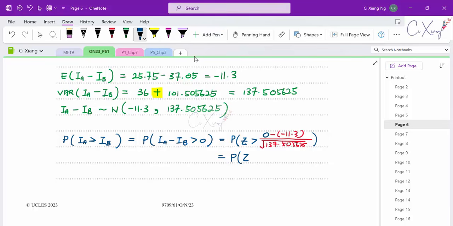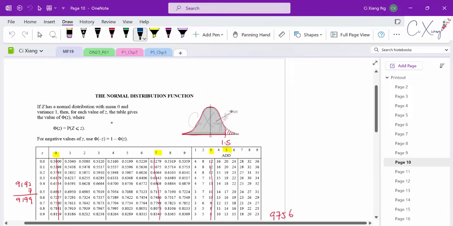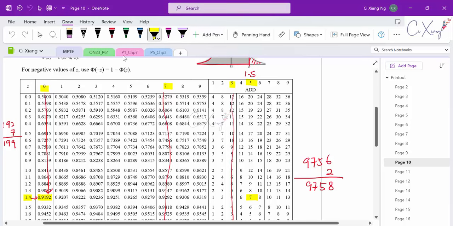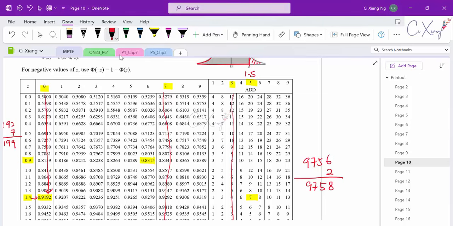Then after you press the calculator, get the value of Z up to 3 decimal places. So it should be Z greater than 0.964. To calculate the area, you need to take 1 minus. Then we look for 0.964. So where's 0.964 here? 0.96 is this one. Then 4 is 10.